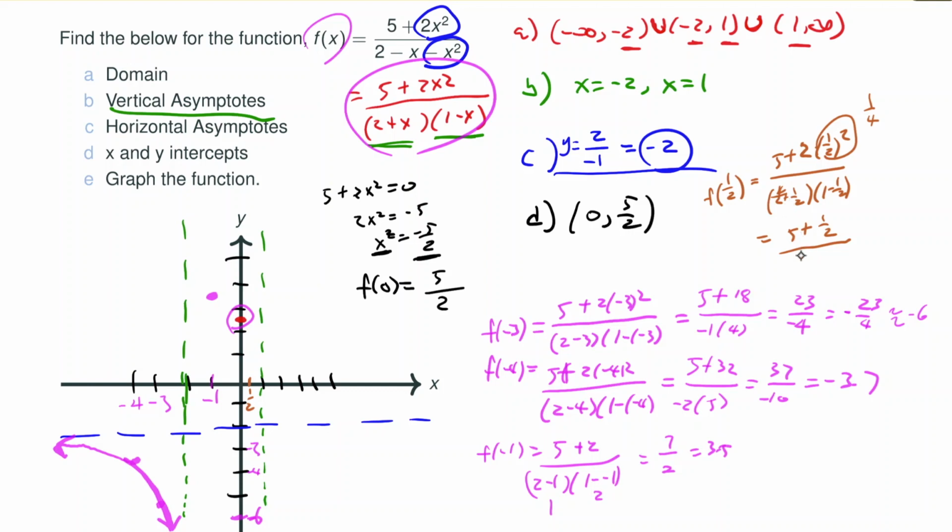I can have a common denominator, so I have 5 over 2 plus half. So 5 in common denominator is 10 over 2. So I have 11 over 2 over 6 over 2, which is 11 over 2 times 2 over 6, which is 11 over 6.